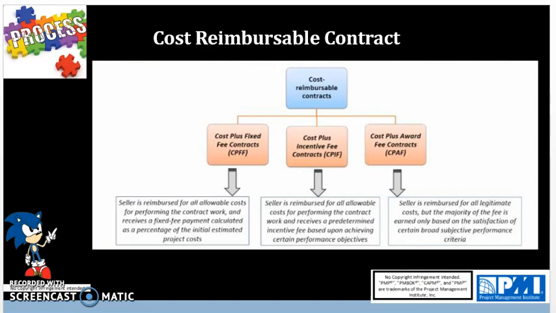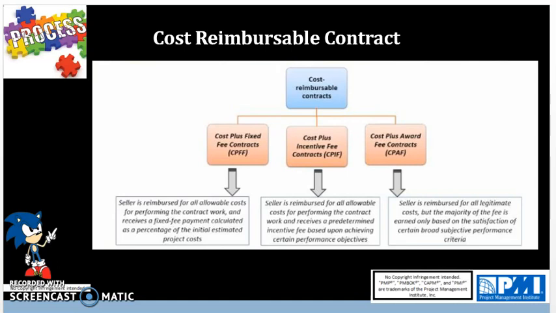Next type of cost reimbursable contract is cost plus fixed fee. A cost plus fixed fee contract provides for payment to the seller of actual cost plus a negotiated fee, where the seller's profit, usually a percentage of the estimated cost of the project, is fixed before the work actually starts. The fee does not vary with actual costs, thus the seller does not have an incentive to increase or inflate costs.